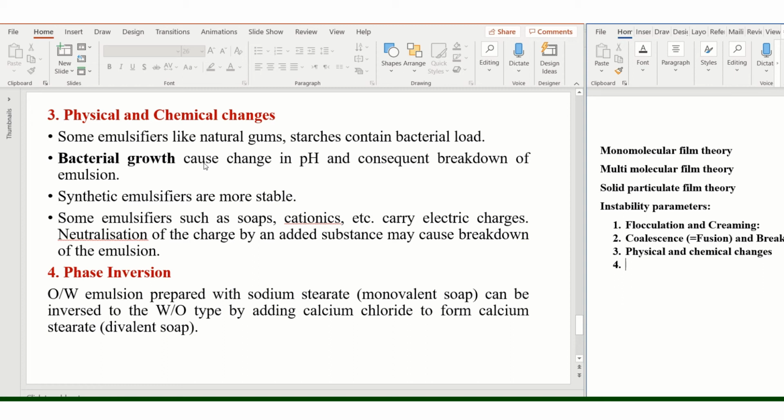That is why natural emulsifying agents are replaced by synthetic or semi-synthetic emulsifiers. Mostly to get a stable emulsion, synthetic emulsifiers are used.